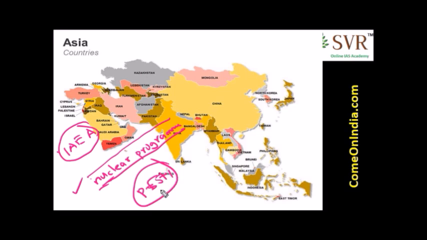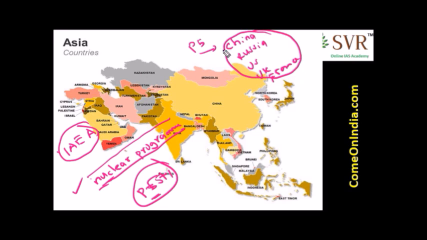P5 stands for permanent members of the UN Security Council: China, Russia, USA, UK and France. P5 means permanent 5. They have a permanent seat in the UN Security Council. The plus 1 indicates Germany, which was also involved in the Iran nuclear talks, and the IAEA also participated in this.